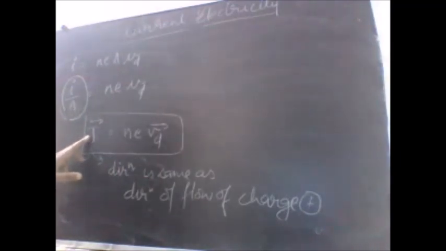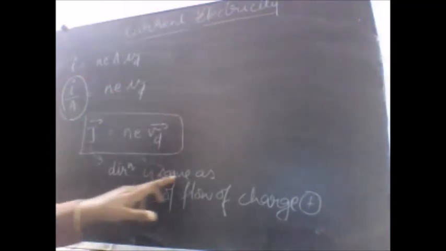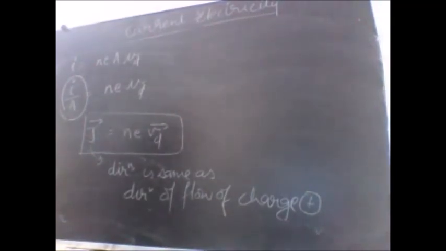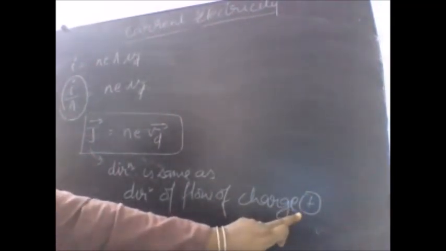Current density direction is same as the direction of flow of charge. Which charge? Obviously we are talking the conventional current, so we are talking the positive charge here.